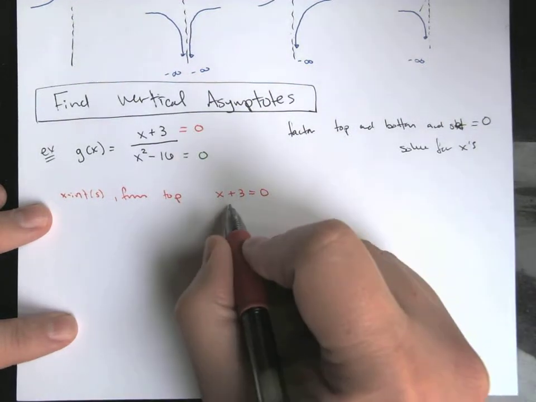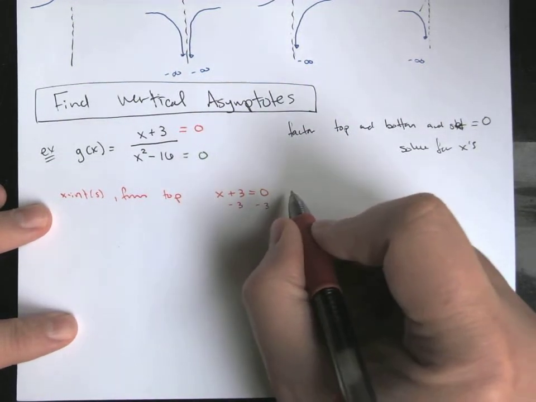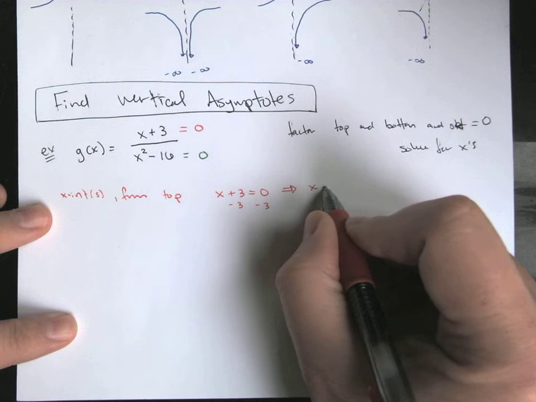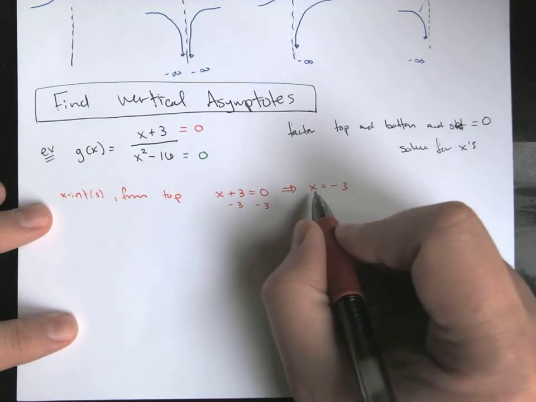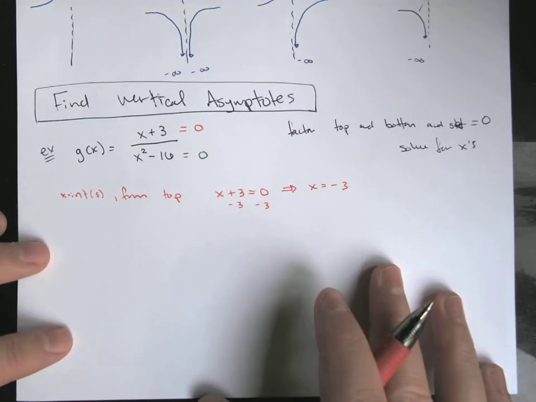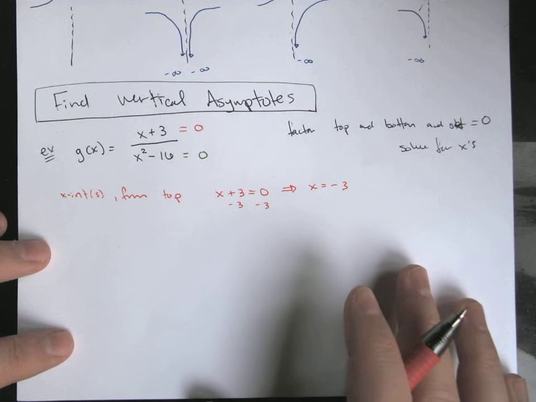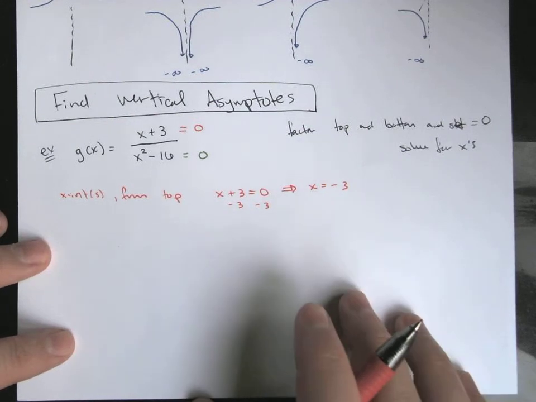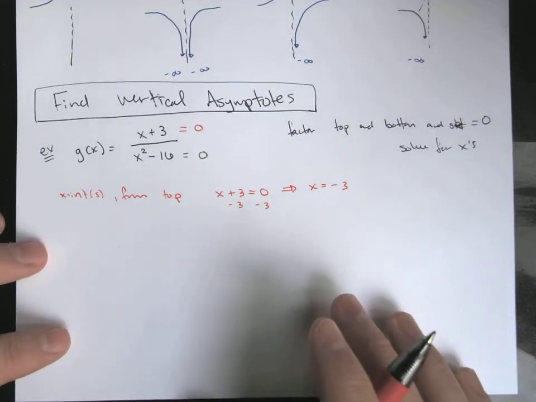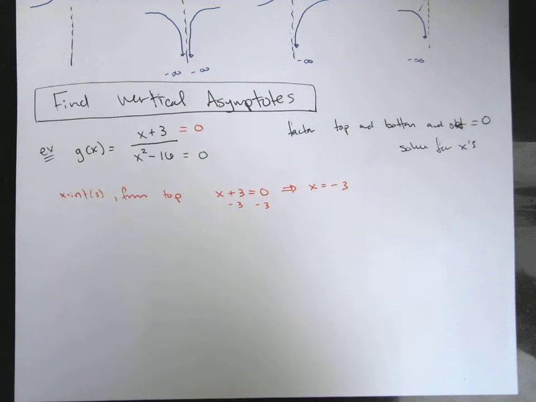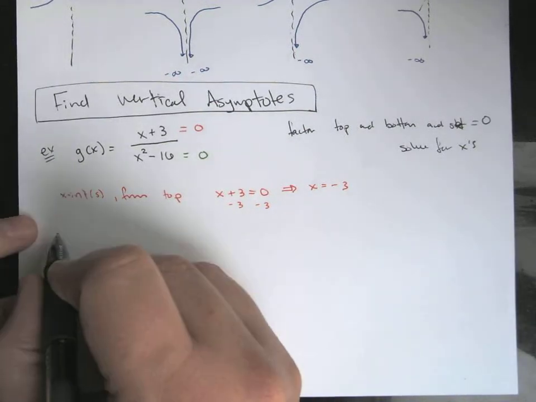That's really fast, right? That's just going to amount to subtracting the 3 over, and we're just going to get x equals negative 3. We'll mark that for now. We should technically check it in the bottom, or at least see what the values are that will give us a 0 in the bottom before we officially declare that that's going to be an x-intercept. This again is why these things go together.